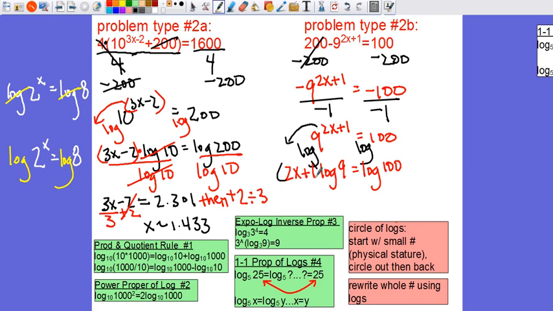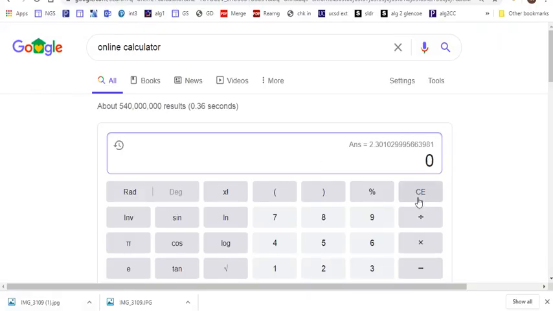And then again, I want to get this 2x plus 1 by itself, and it's the same steps. Because this is times, I'm going to divide both sides by log of 9. And then now you're going to do log of 100 divided by log of 9. So let's hit this calculator up.